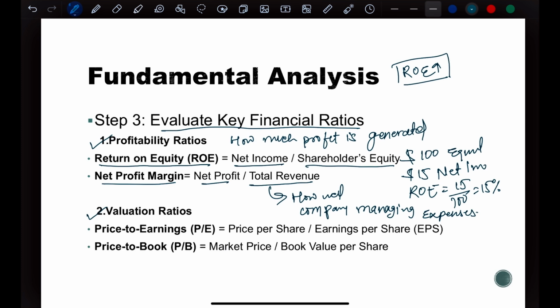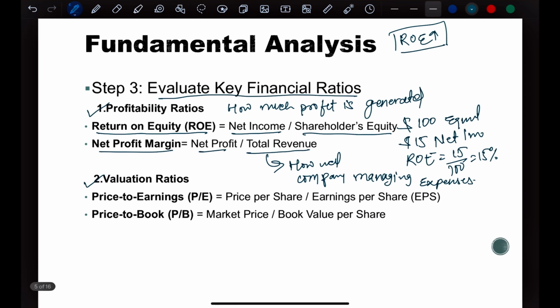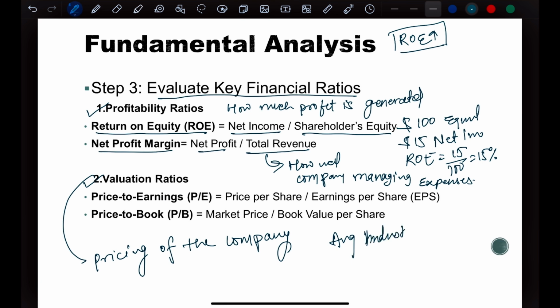Now let's move on to the second ratio, which is the valuation ratio. The valuation ratio broadly tells us about the pricing of the company. It tells us how much we are paying for this particular company in comparison to the average industry price or some other stocks.